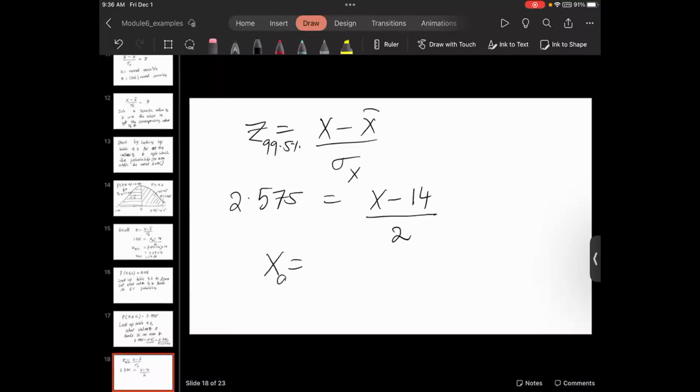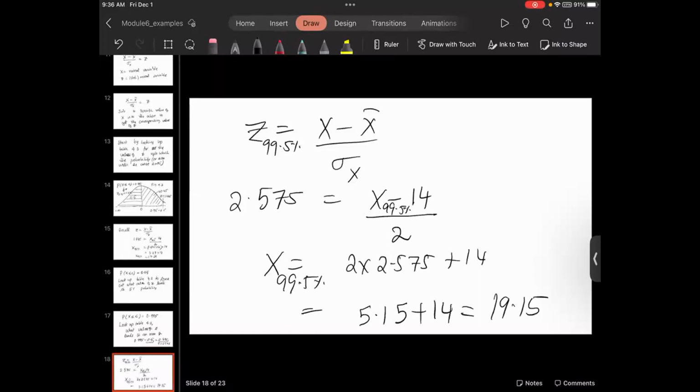So x at 99.5% is nothing but 2 times 2.575 plus 14, which is 5.15 plus 14, or 19.15.